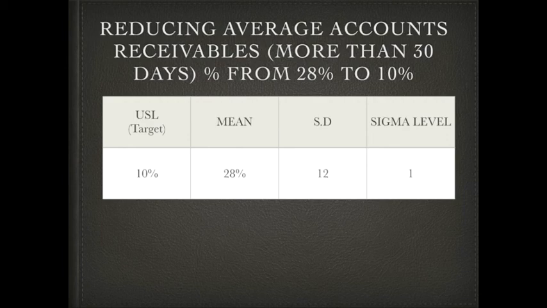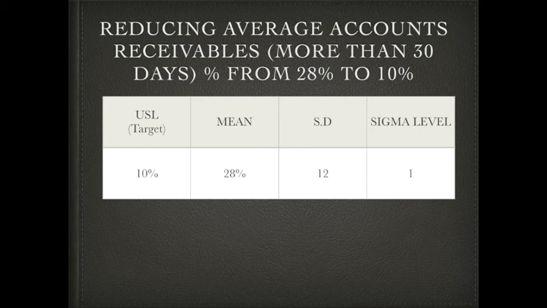Now this organization has 28% of the accounts receivables more than 30 days, and they want to reduce it to 10%. This is the project topic.